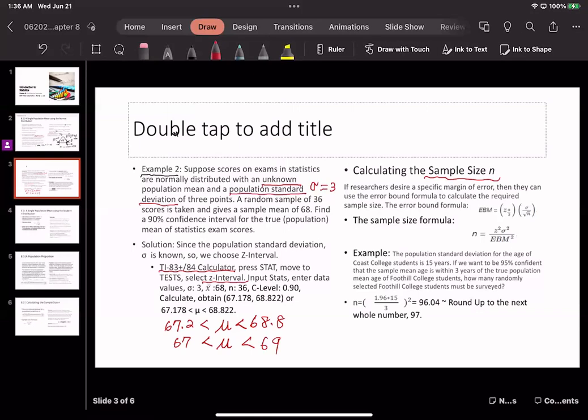The error bound formula, EBM, is the critical value Z alpha over 2 multiplied by the population standard deviation divided by the square root of the sample size. We can reformulate this to get a better formula for the sample size, which is to solve for n.